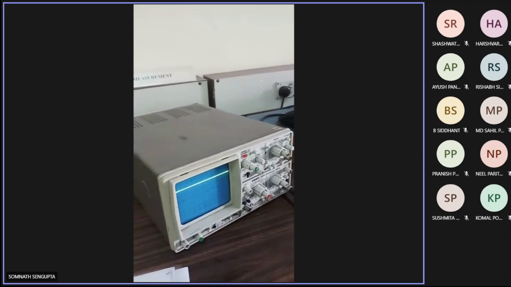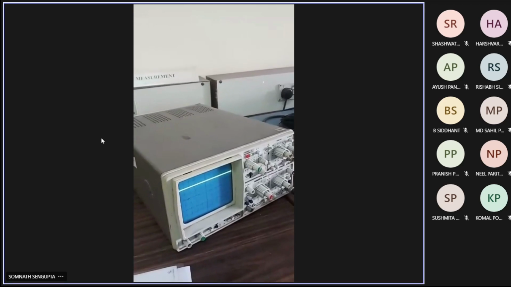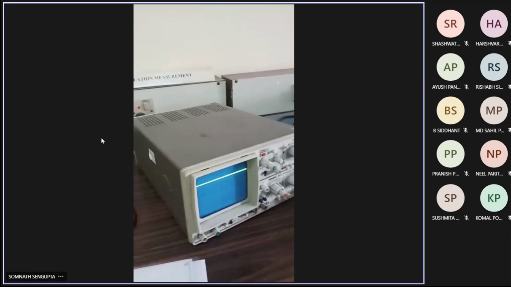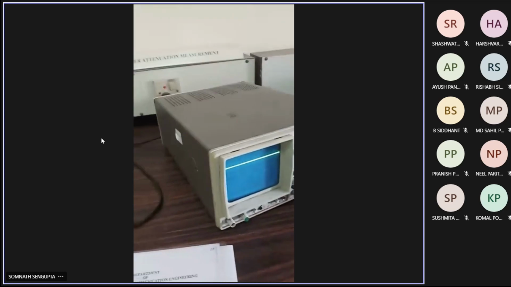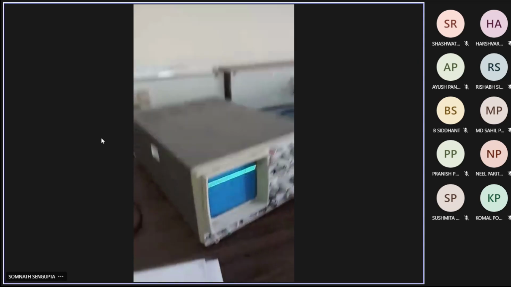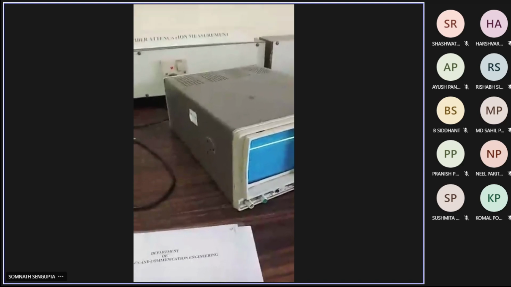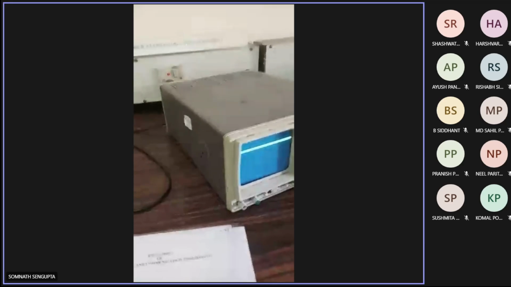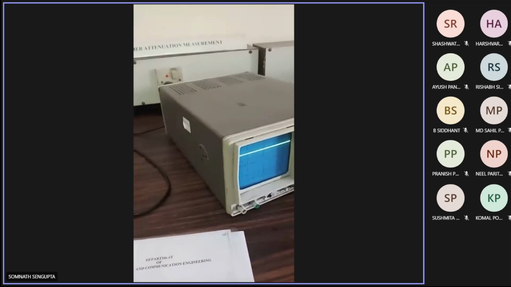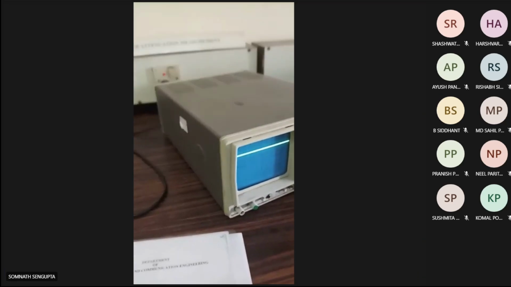And you know that loss is dependent on wavelength. So you know the spectral attenuation curve, that is alpha versus wavelength. Alpha is in dB per kilometer or dB per meter.